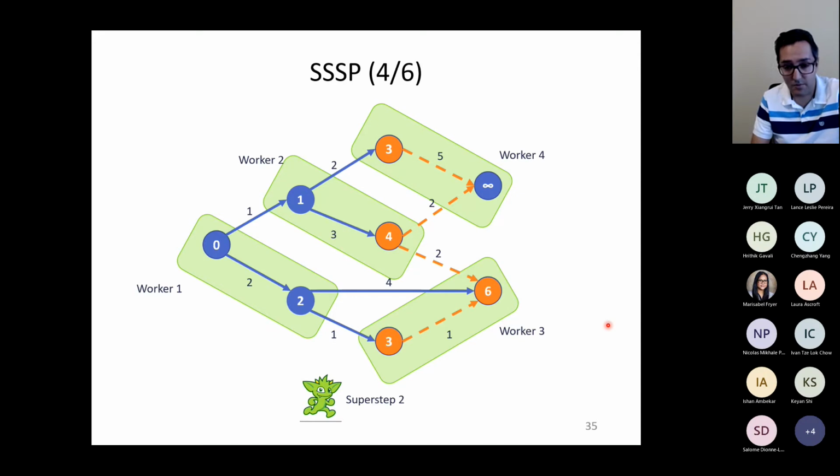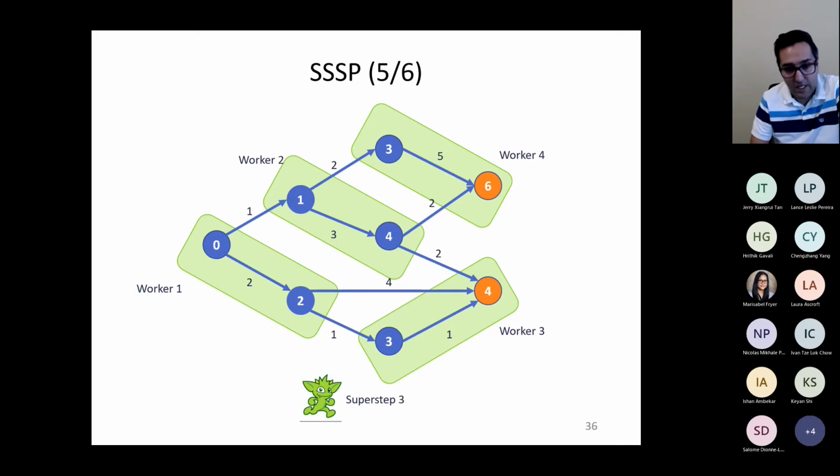Those neighbors become active now because their value changed, and those earlier nodes go back to sleep because in this particular example there's no new message for them. Their value is still 1 and 2, so they go back to sleep. Then the same thing happens again. They inform their neighbors, and these guys become active.